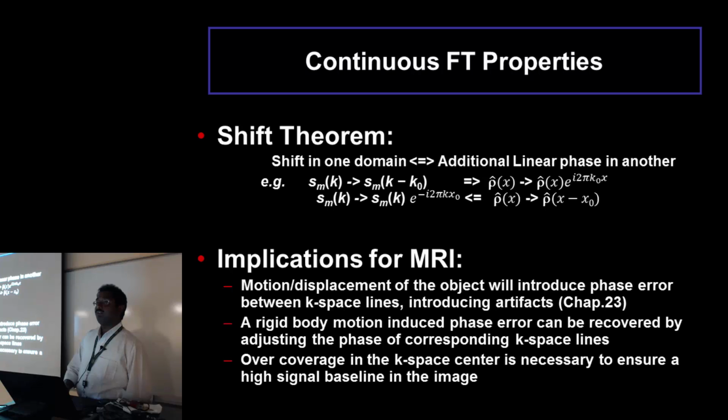When you're reconstructing, you're trying to put the object back where it was. So it won't affect your resolution unless you're doing some interpolation operation. Here you're not doing that, you're just correcting the phase of the k-space line.